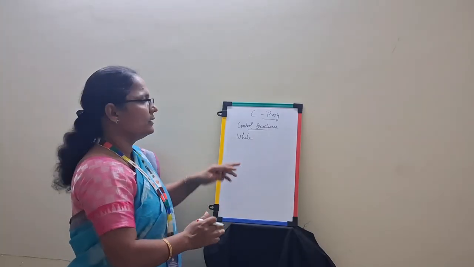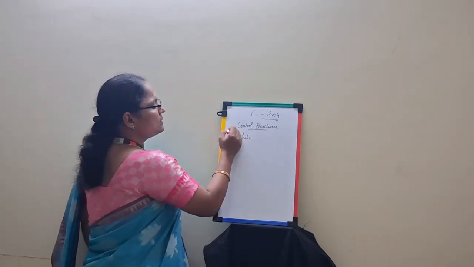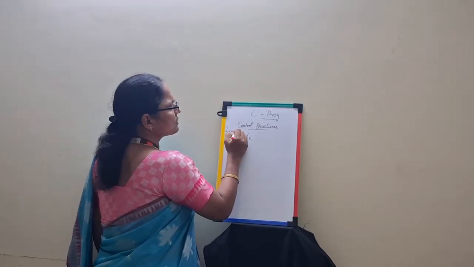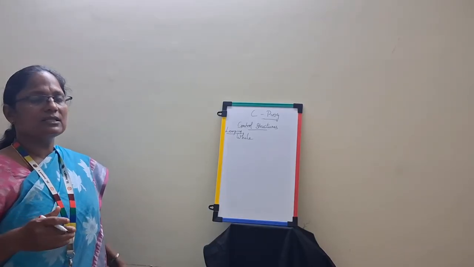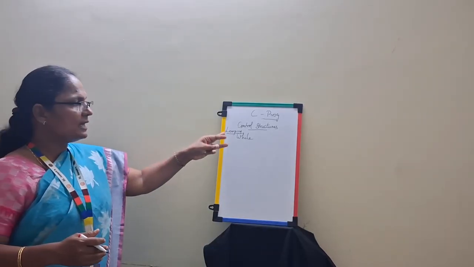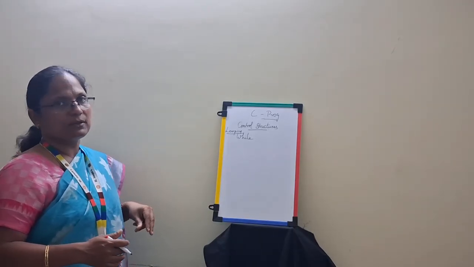To avoid that, we went for something called looping conditions. These are all looping control structures. Till now, if else and all these things are not loops. But hereafter, what we are going to see is looping statements.